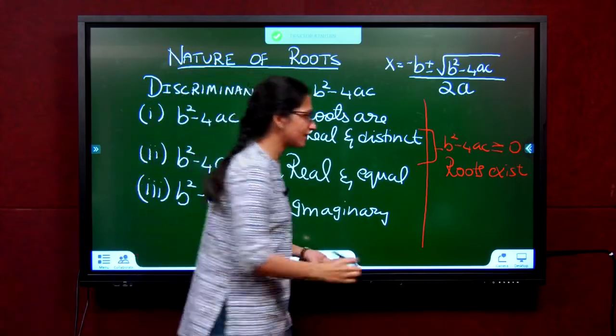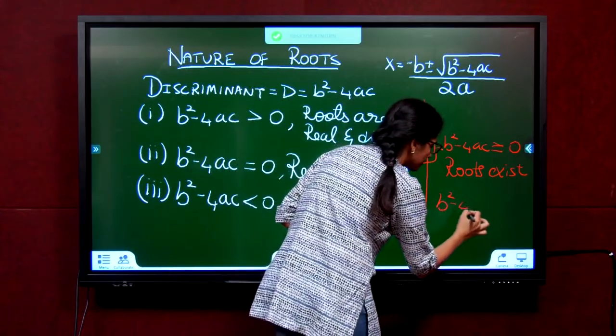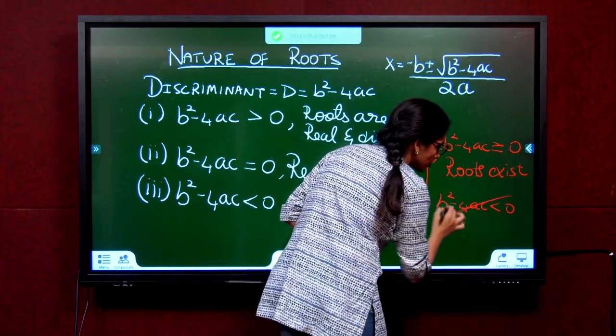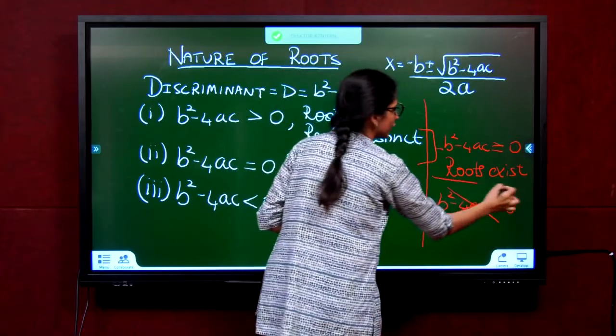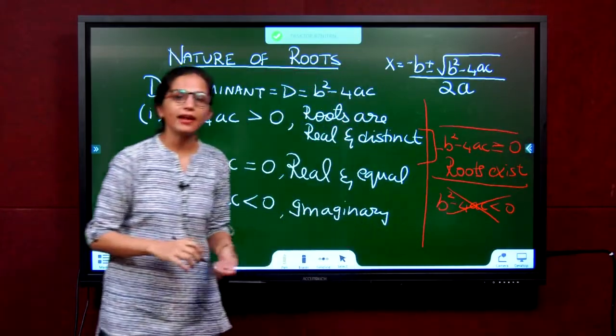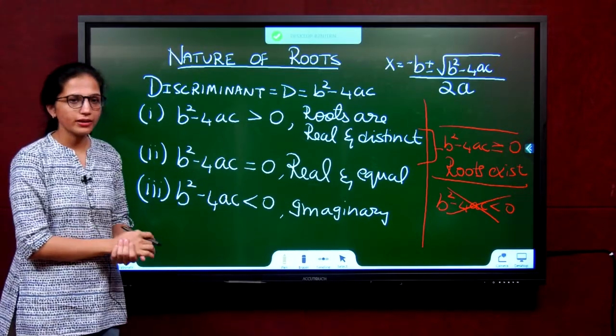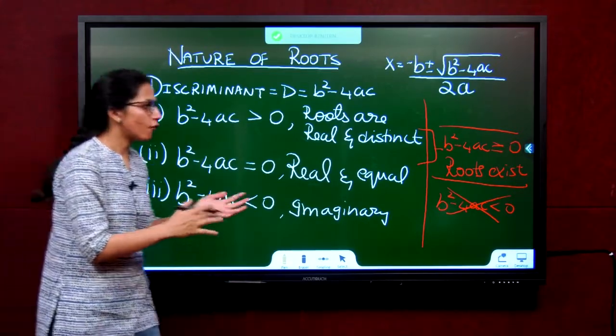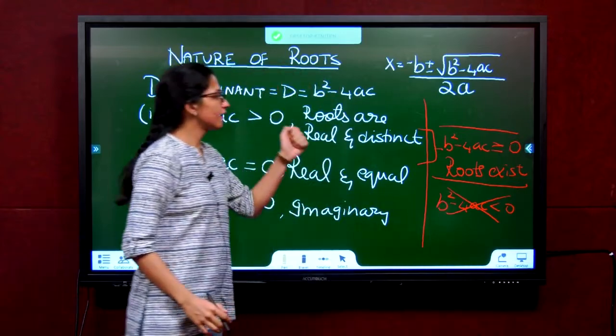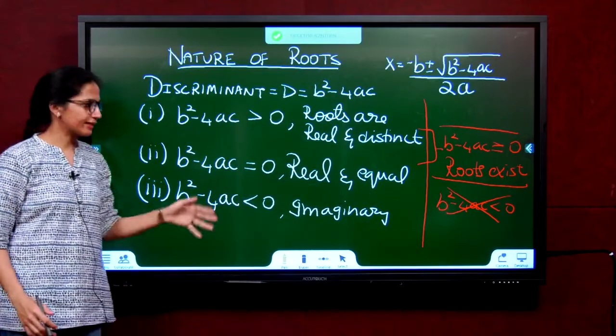If it is less than 0, the roots don't exist. So we check for this condition when they ask whether roots exist. Please note this down. It's very important. We'll be using it in exercise 4.3. In 4.4, we will be using this extensively.